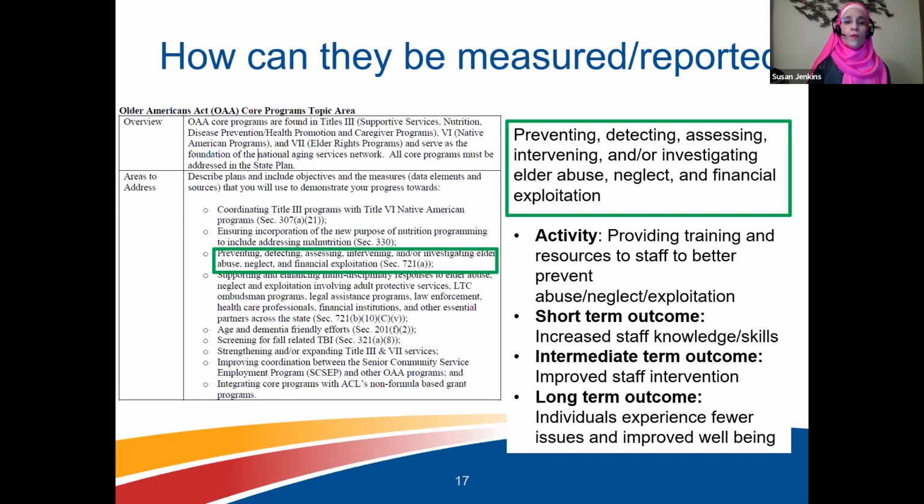Intermediate-term outcome: improving staff intervention in suspected abuse, neglect, or exploitation. And then the long-term outcome would be individuals experience fewer issues and improved well-being. So you're improving the organization to ultimately improve the lives of individuals. Next slide.